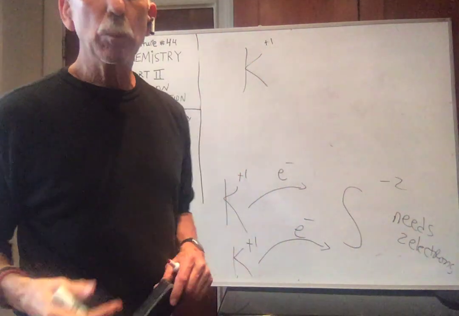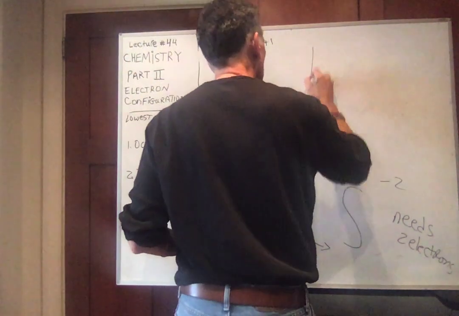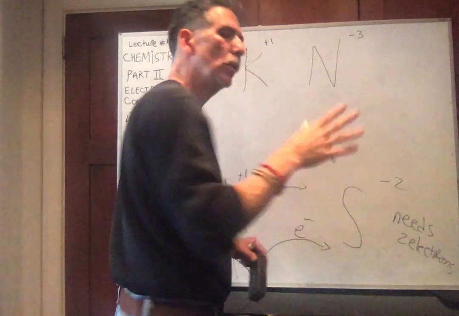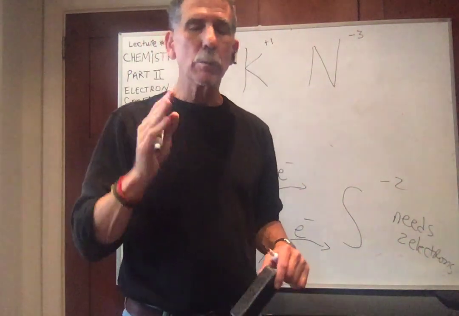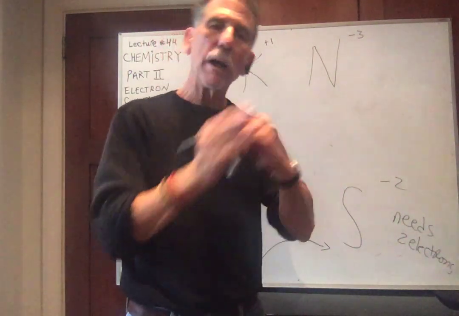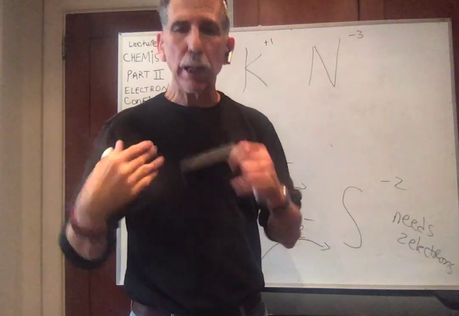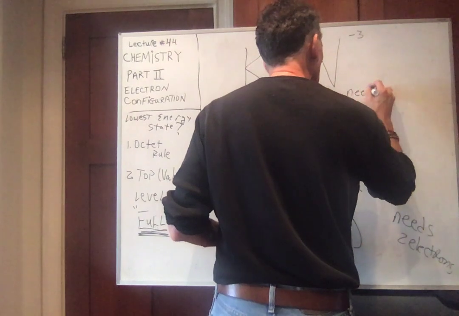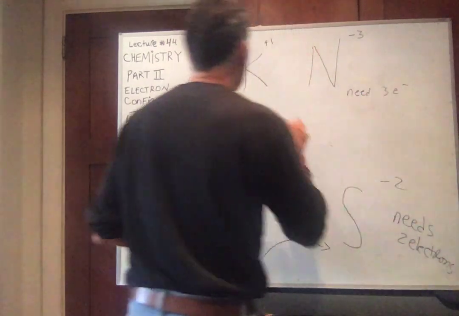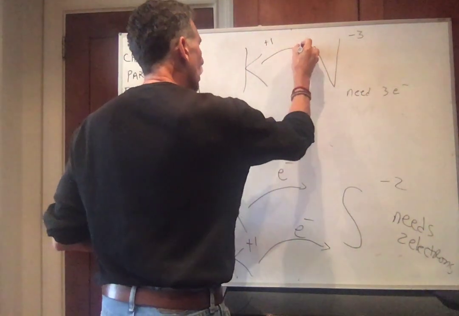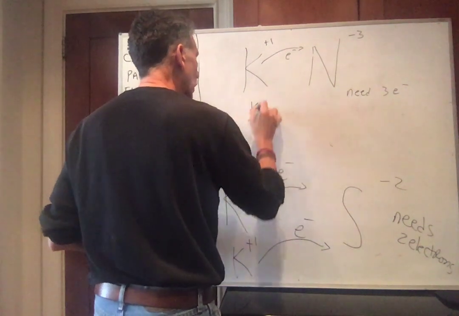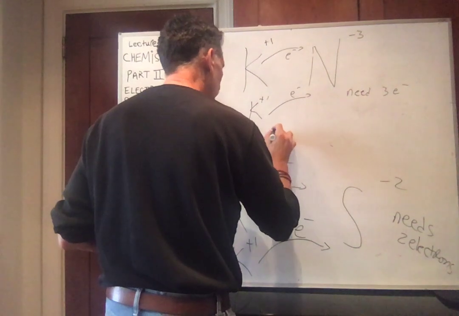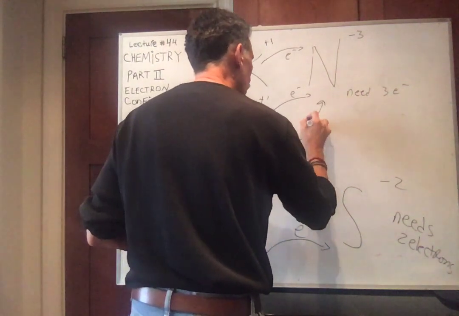Suppose we want to mix it with nitrogen. Nitrogen needs three electrons. Remember, nitrogen is in group 5A. So nitrogen has five electrons. It can lose five or gain three. If it gains three, it has a charge of -3. So nitrogen needs three electrons. Potassium gives one electron. So you need another potassium to give an electron, and you need another potassium to give an electron.